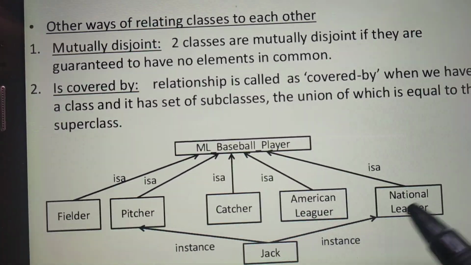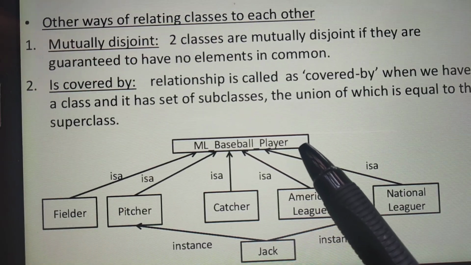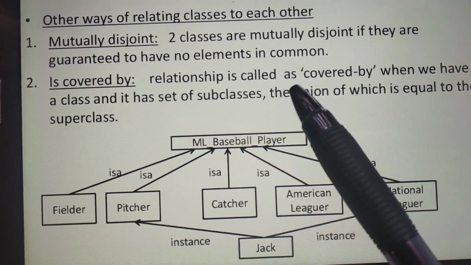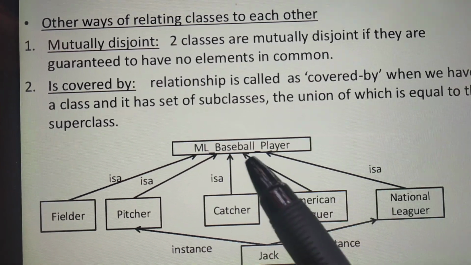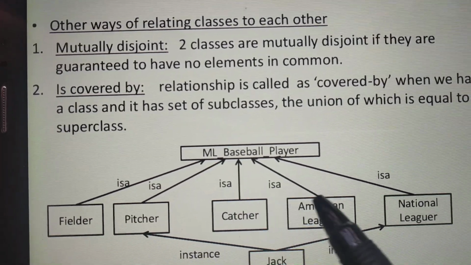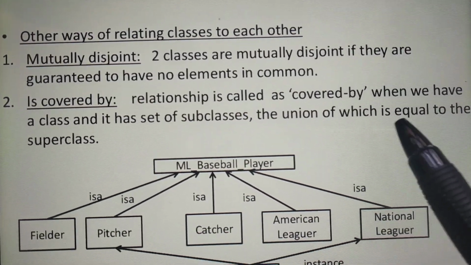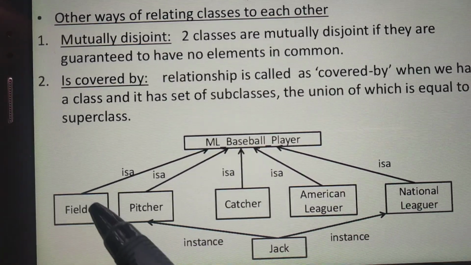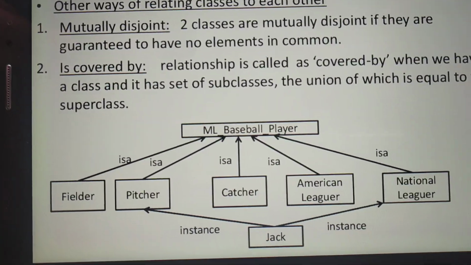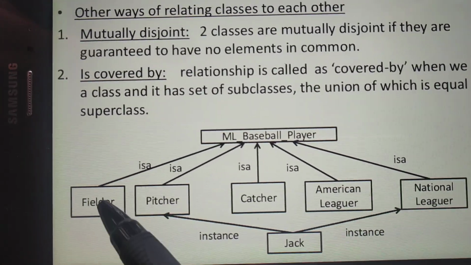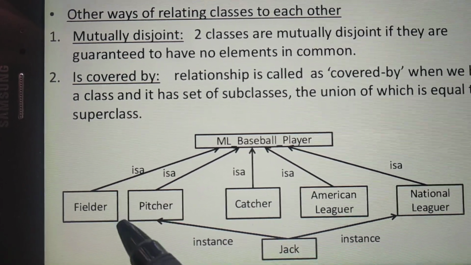all these are subclasses of ML baseball player. So a relationship is called covered by when we have a class and a set of subclasses, the union of which is equal to the superclass. The union of all these classes will be equal to the superclass itself. Also note that fielder and pitcher are mutually disjoint.